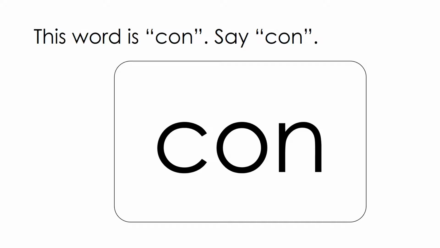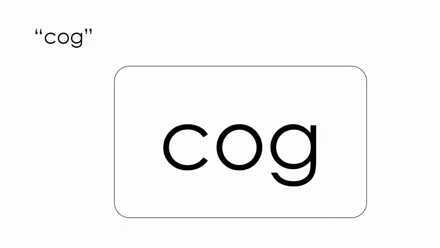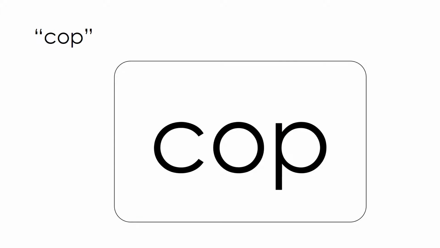This word is con. Say con. If you change the N in con to G, what word do you have? Cog. If you change the G in cog to P, what word do you have? Cop.